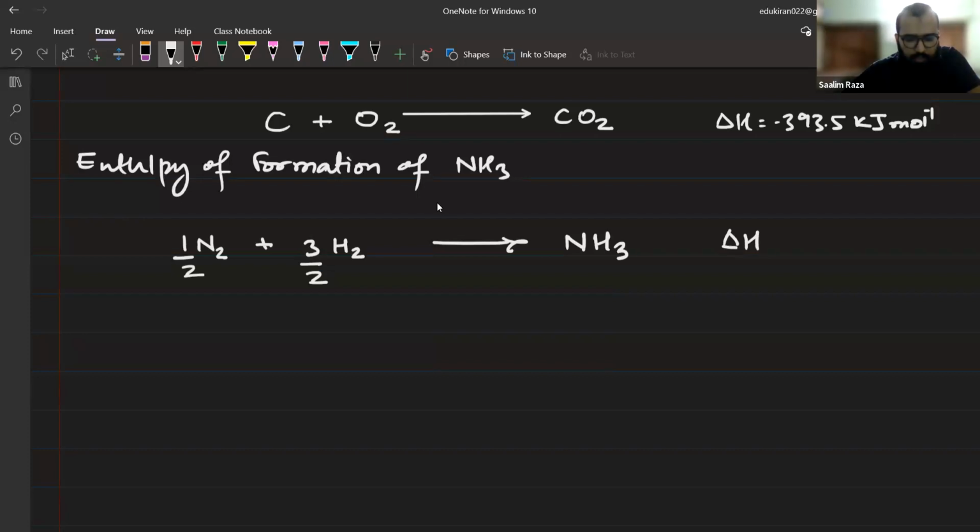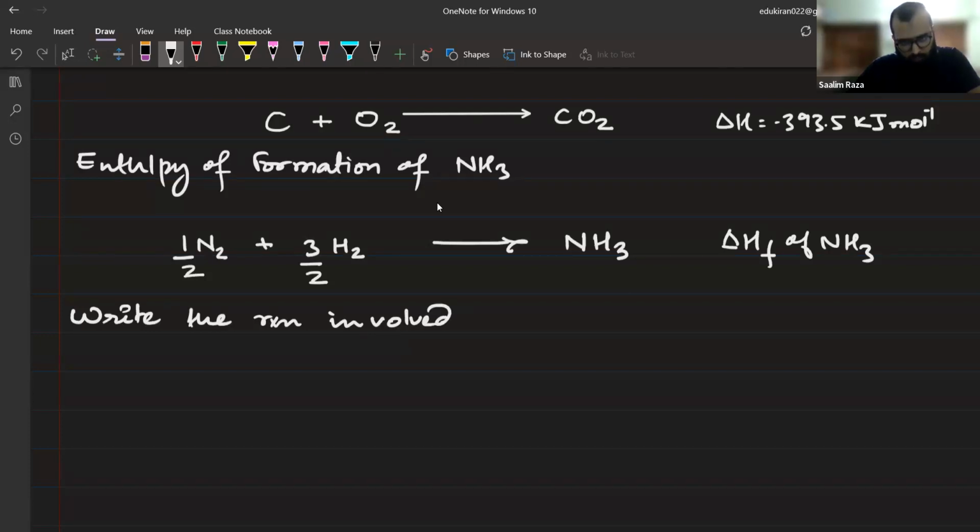Okay. So this will have some delta H, whatever the delta H, I don't remember. Okay, there will be some delta H. So delta H formation of ammonia. The reaction. Please write for a few more. Write the reaction involved for delta H formation of number 1, write HCl.